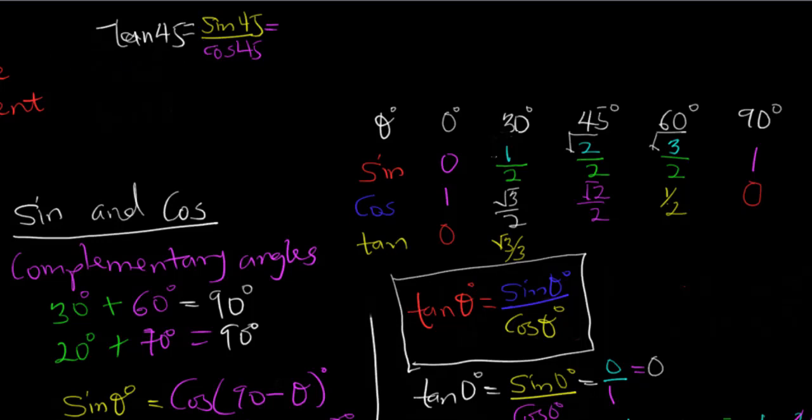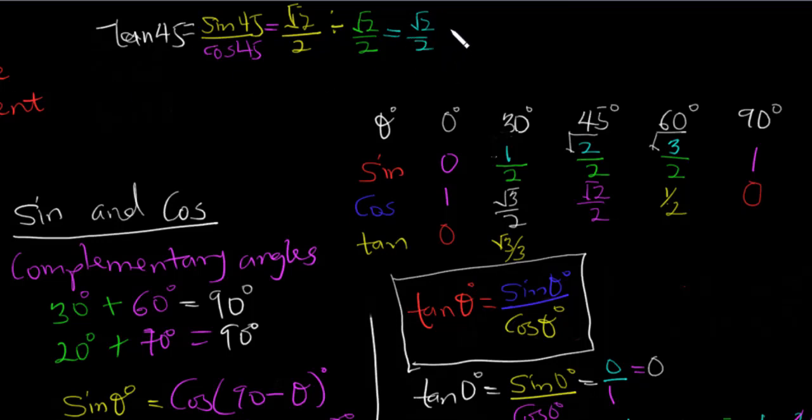Now sine 45 degrees is root 2 out of 2, and cos 45 degrees is the same, root 2 out of 2, and so we have root 2 out of 2 divided by root 2 out of 2.